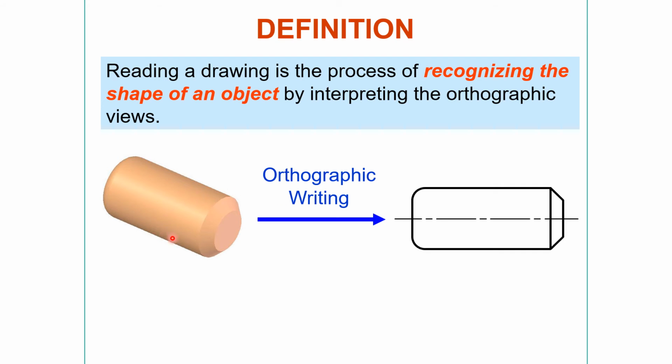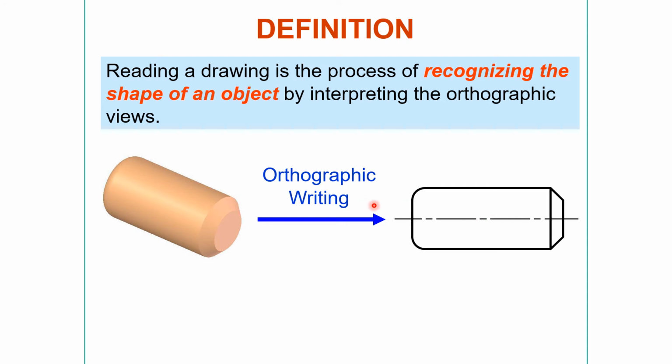So this one view will be enough because that is a center line, and here is a small wedge at this end, and that is a circular shape, a cylinder. That is orthographic writing, the projection of this view.